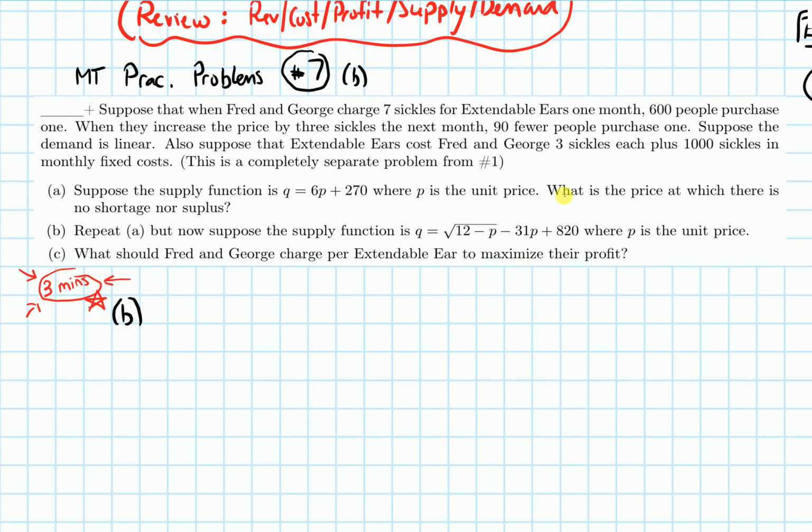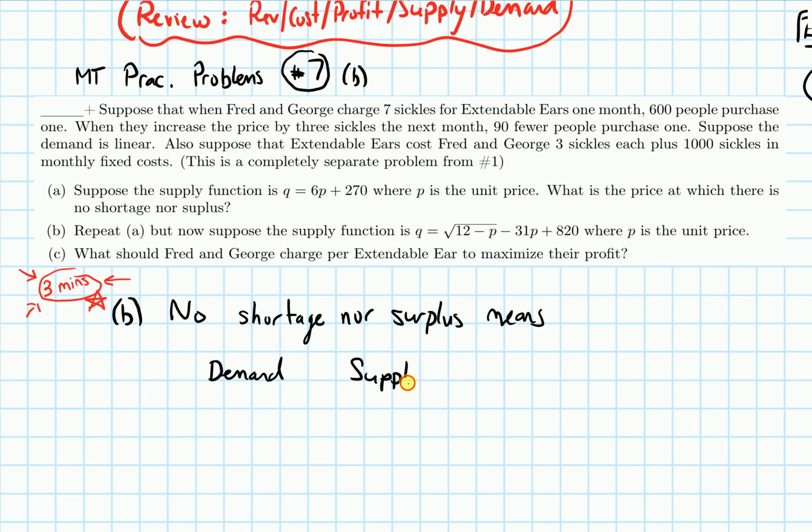So the question is, at what price is there no shortage nor surplus? So what does the fact that there's no shortage nor surplus mean? Well, this means that the demand and the supply are equal.